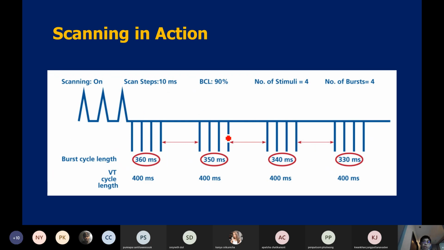As I told you, scanning is many sets of bursts, but every set has a shortened cycle length. The first set has every paced beat at a cycle length of 360 milliseconds, but the second set has 350, and the third set has a lower cycle length. This is scanning in action.